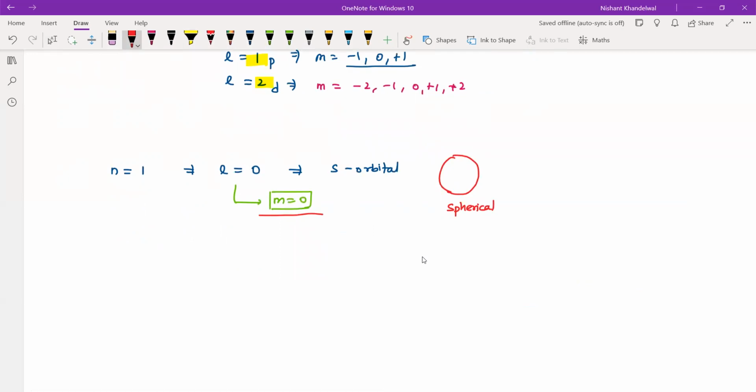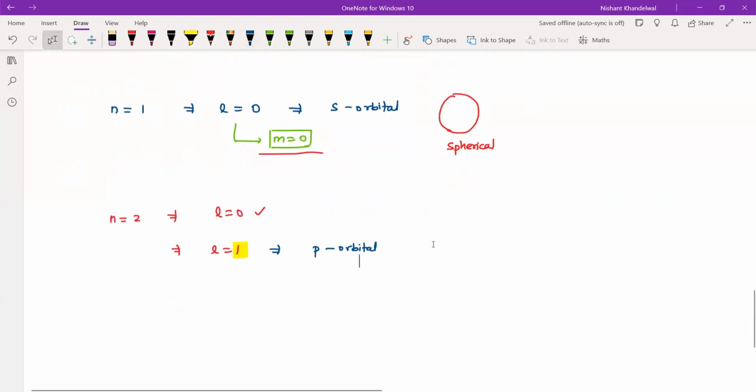Now, see second case, if N is 2, L can be 0. 0 is already discussed. And L can be 1. Now 1 needs to be discussed. For the value of L, if it is 1, then which orbital is associated? P orbital. So if it is a P orbital, we know the shape of the P orbital is dumbbell.